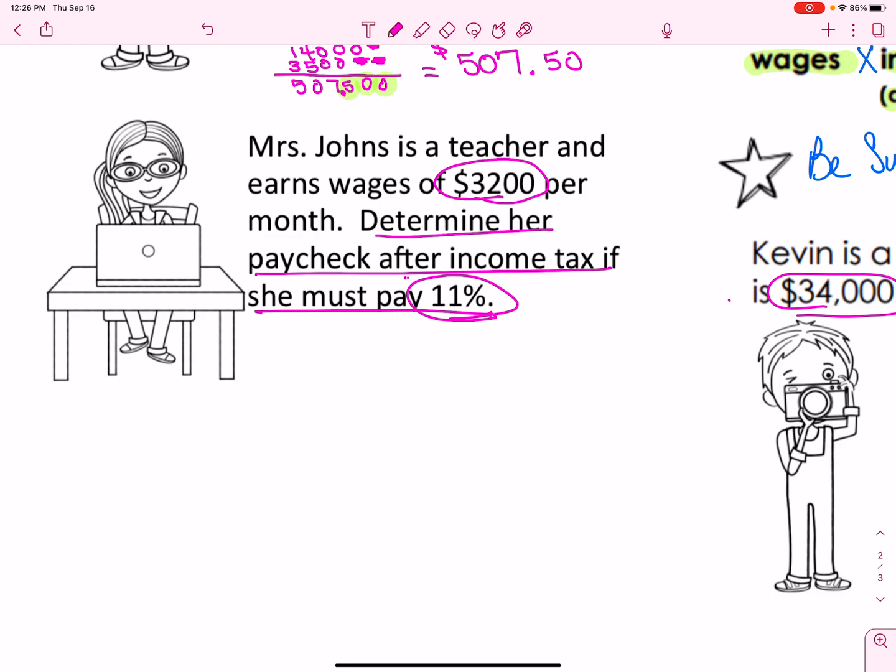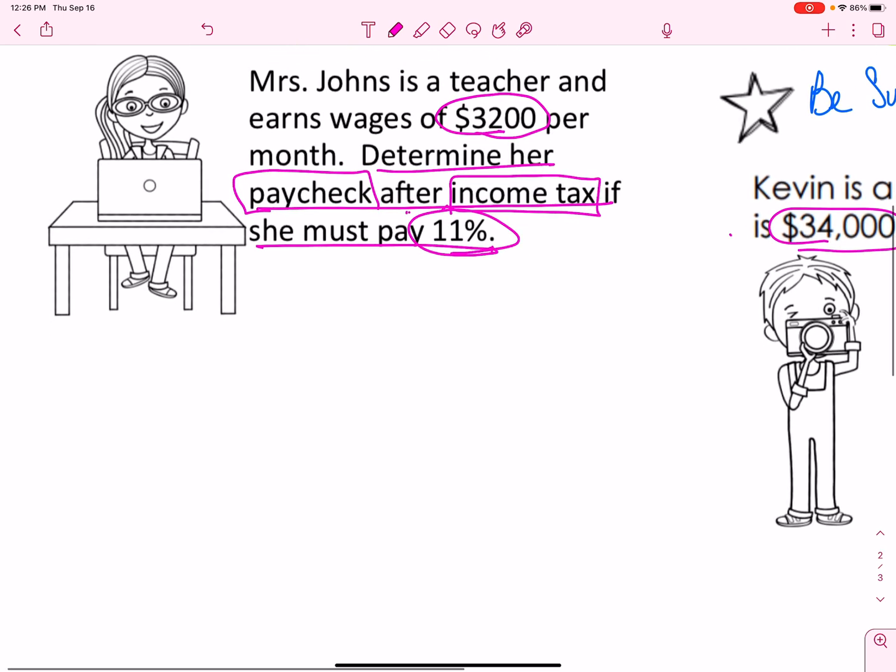We want to know what her paycheck is going to be after her income tax. So first we need to find out what that income tax is going to be. First, let's look at this percent. 11% is going to turn into, here's our hundredths place. So 0 point, tenths, hundredths. There's our whole number, and then we put that there.